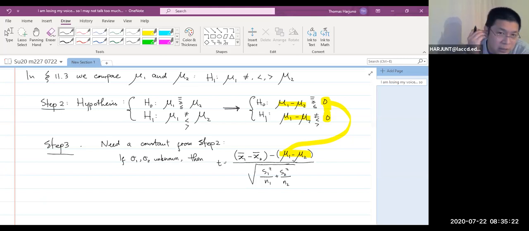Now that's the test statistic. That's basically the additional thing we need to know from this section.